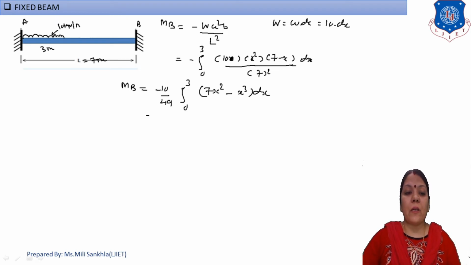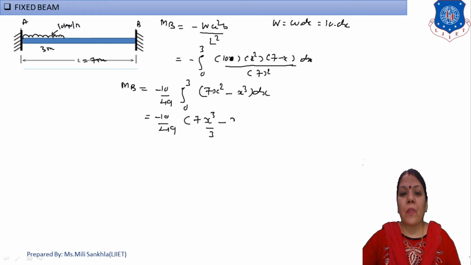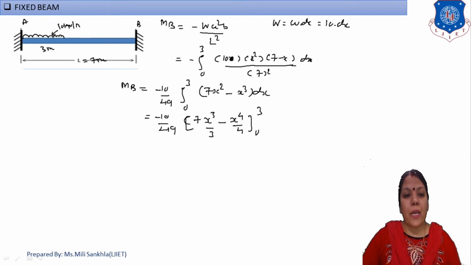Now integrate this term, minus 10 by 49, then 7x cube by 3 minus x raised to 4 by 4, and limit of 0 to 3. And my answer of this moment at B is equal to minus 8.724 kilonewton meter.